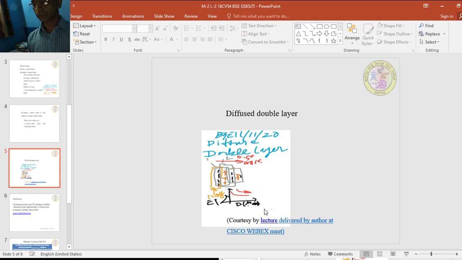But when we analyze the distance in micro mm on the x-axis versus the electrical potential on the y-axis, it has been observed that up to 2 layers the electrical potential is very high. Beyond 2 layers, the electrical potential is almost constant.